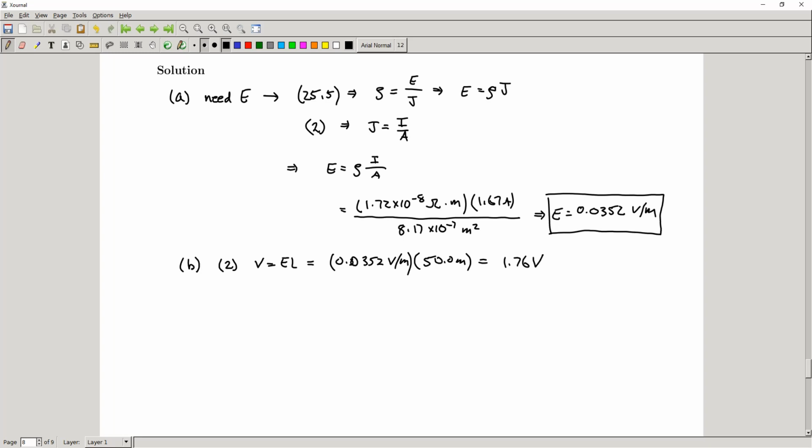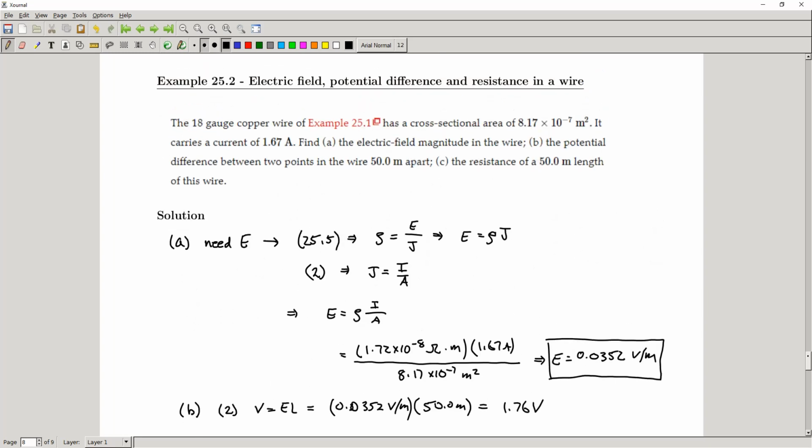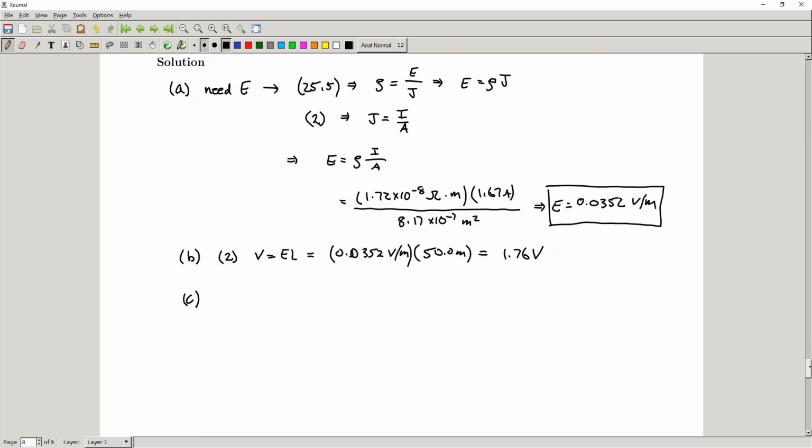In part C, what are we looking for? We're looking for the resistance of this 50 meter length of wire. So we can use Ohm's law, or equation 25.11 from above. This simply tells us that V is equal to IR.